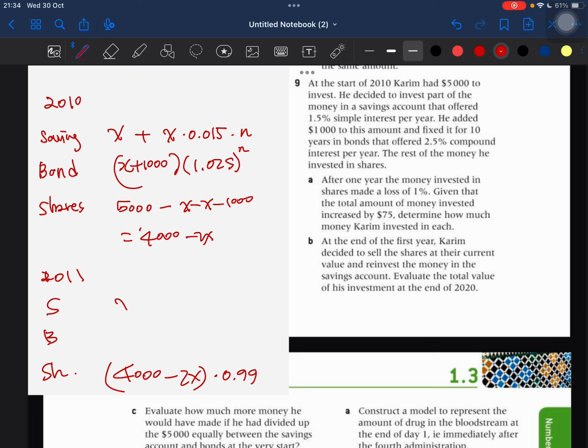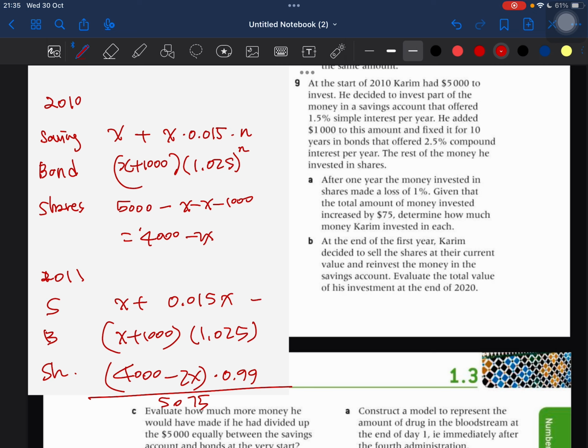Okay, so here x plus 0.015x, n is 1 now. Bond is x plus 1,000 and 1,025. All of this becomes 5,075.